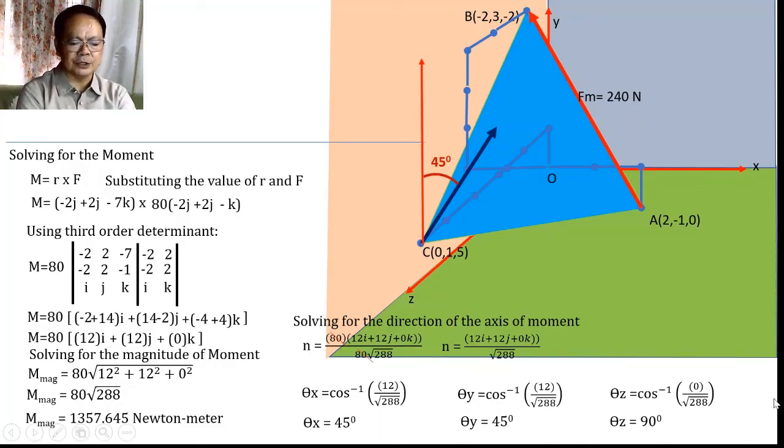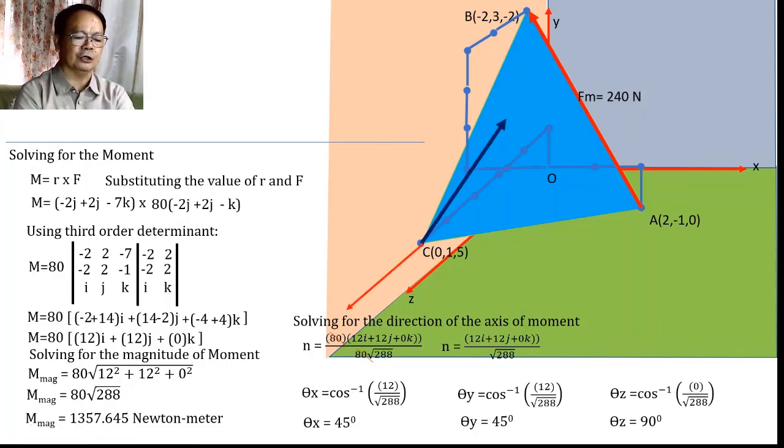Theta sub z is the angle that this direction of the rotation makes with respect to the z-axis, represented by this direction, which is 90 degrees. And so we expect that this force F will cause a rotation about this direction, rotating in that direction.